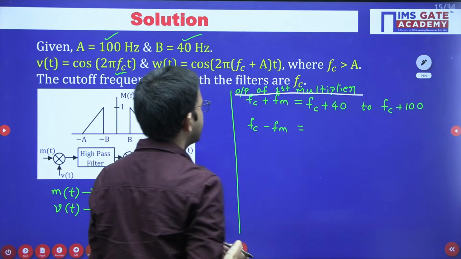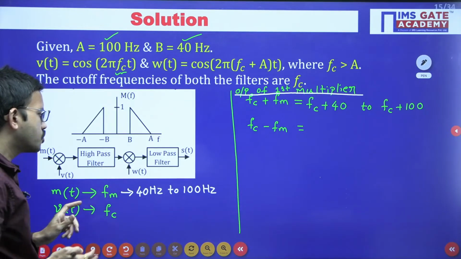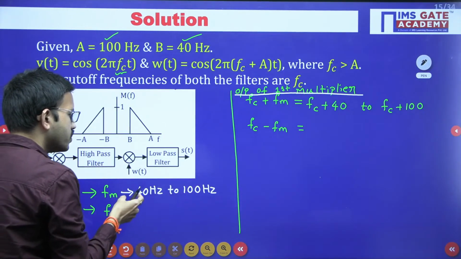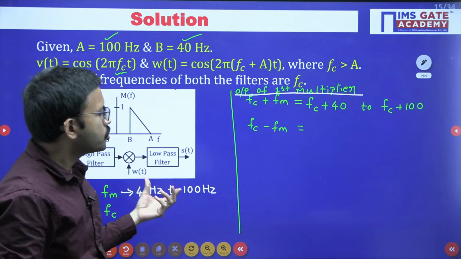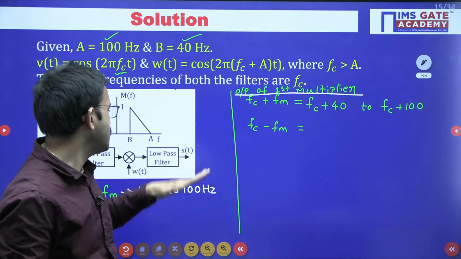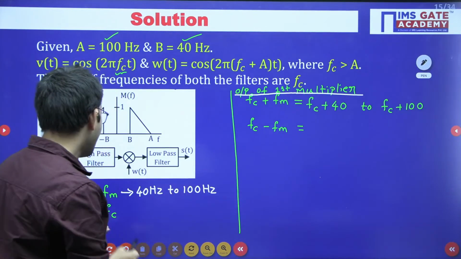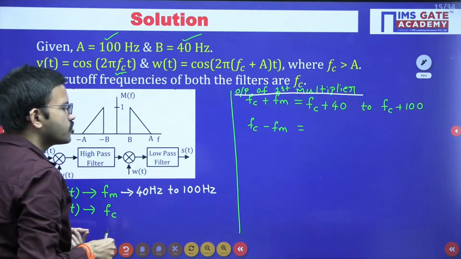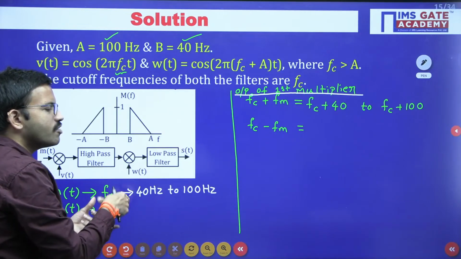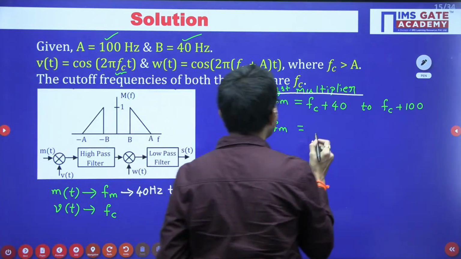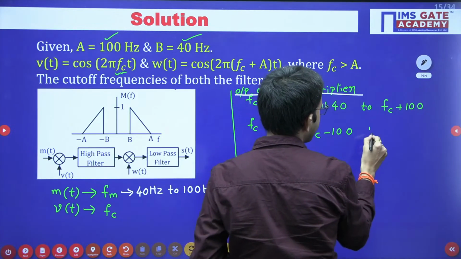Similarly, you have to subtract Fm from Fc, so you will get Fc minus 40 and Fc minus 100. Among Fc minus 40 and Fc minus 100, which one is the smallest? Fc minus 100, yes or no? From Fc you are subtracting the larger value, so that result becomes smaller. So you can write Fc minus 100 to Fc minus 40.